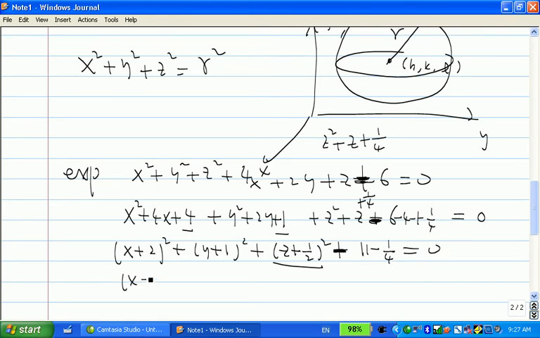Let me simplify this a little bit. Z plus 1/2 squared equals 11 plus 1/4.